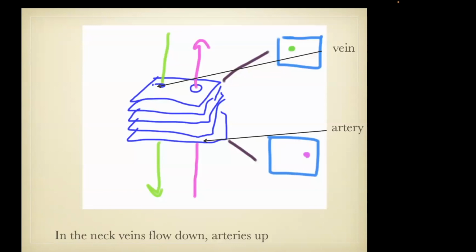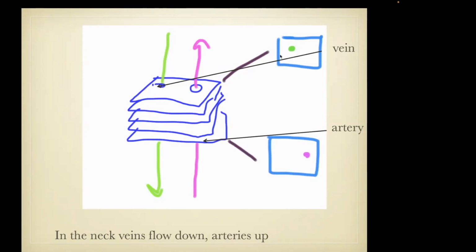To illustrate this, this is my simple drawing, but meant to convey, let's say we're looking at the neck and we had a stack of images. On the upper slice, the topmost slice, we'll see flow-related enhancement from venous flow, say the jugular vein flowing from the head to the neck or the thorax.